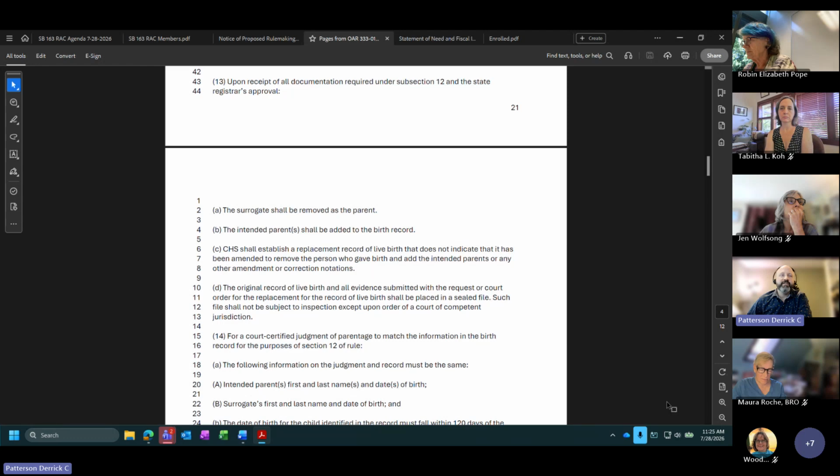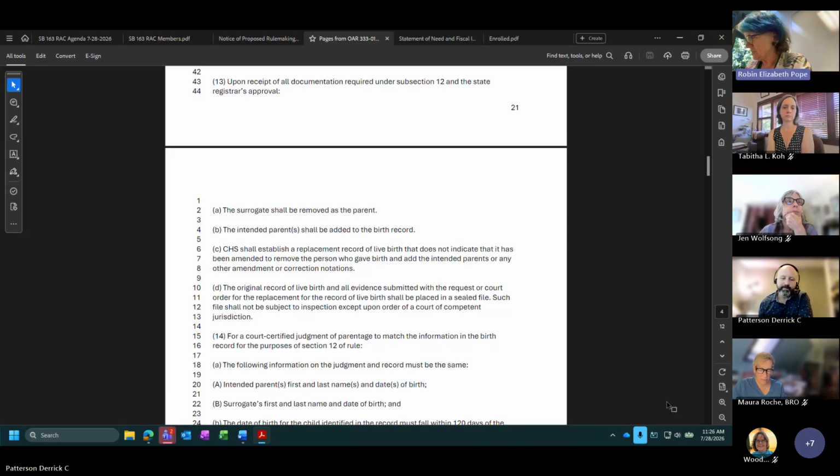C, CHS shall establish a replacement record of live birth that does not indicate that it has been amended to remove the person who gave birth and add the intended parents or any other amendment or correction notations. D, the original record of live birth and all evidence submitted with the request or court order for the replacement of the record of live birth shall be placed in a sealed file. Such files shall not be subject to inspection except upon order of a court of competent jurisdiction.